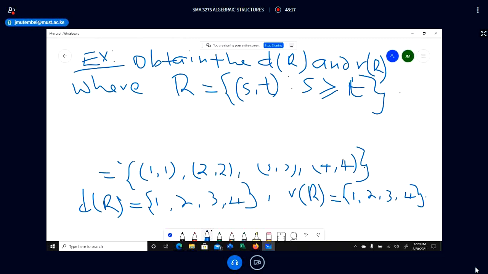So what matters is now how a question is phrased, so that you may be given a relation or a given binary operation, and then you are asked to determine whether a set under that binary operation forms a group or qualifies to be an algebraic system.